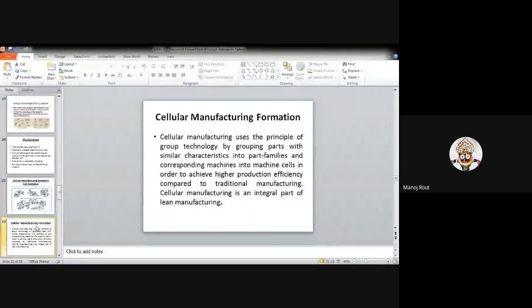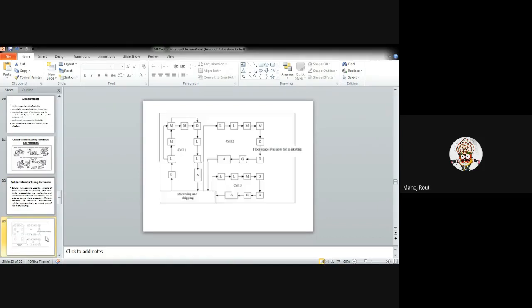The next point: cellular manufacturing uses the principle of group technology by grouping parts with similar characteristics into part families and the corresponding machines into machine cells, in order to achieve higher production efficiency compared to traditional manufacturing. Cellular manufacturing is an integral part of lean manufacturing. So going to the next slide.